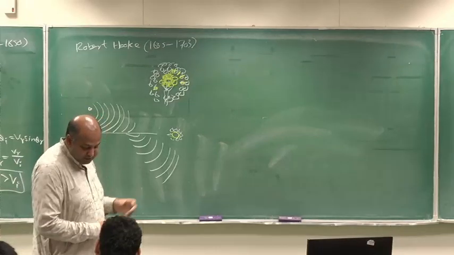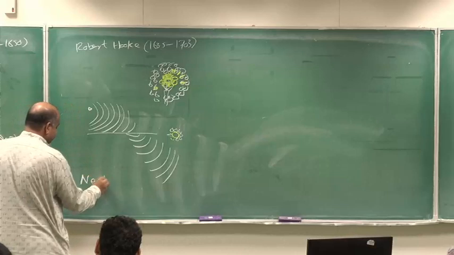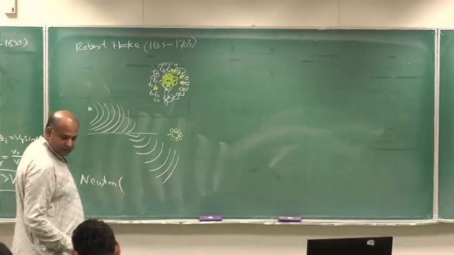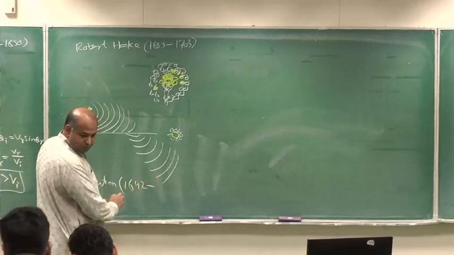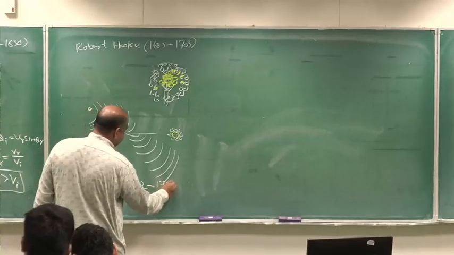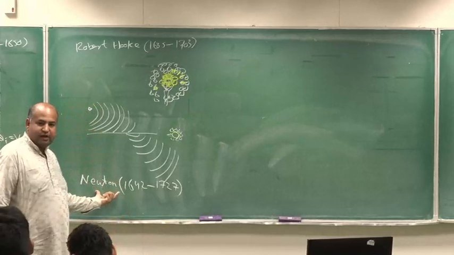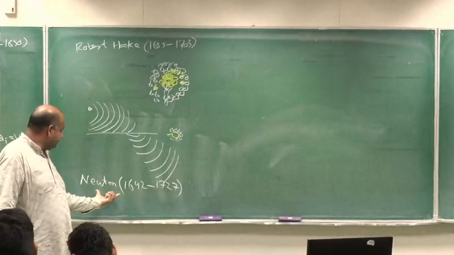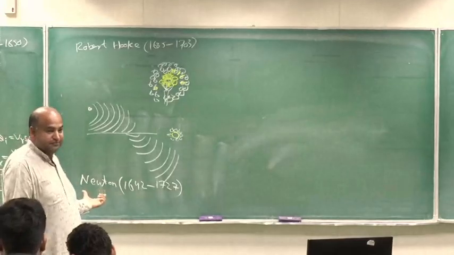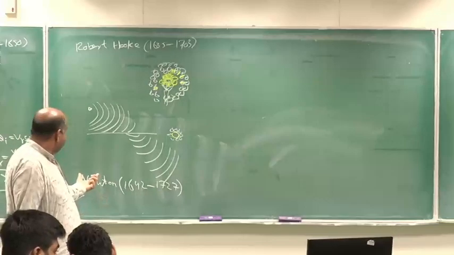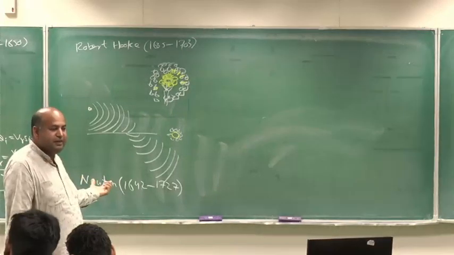Newton, who was a contemporary of this time, his lifetime was from 1642 to 1727. Newton was actually, I would say, perhaps one of the finest physicists, because he came up with a very brilliant idea.